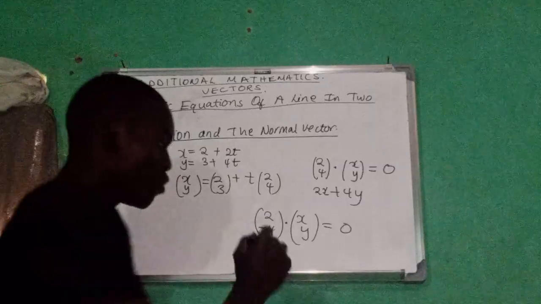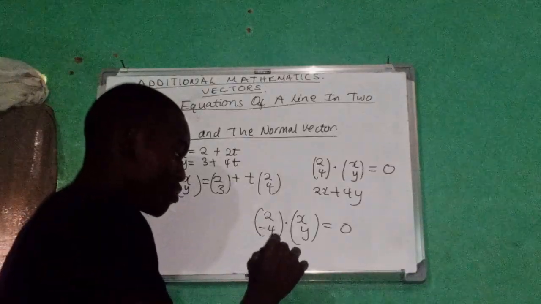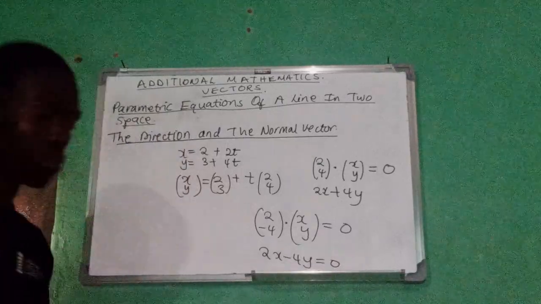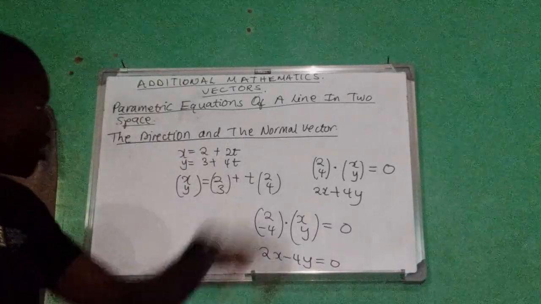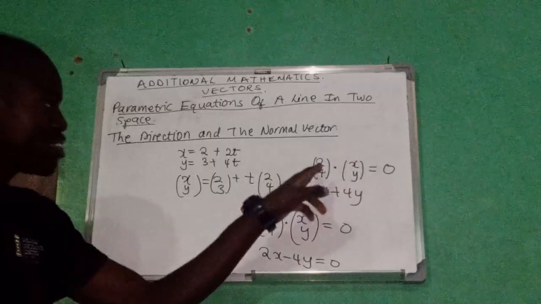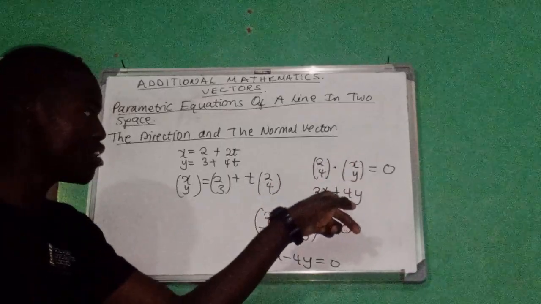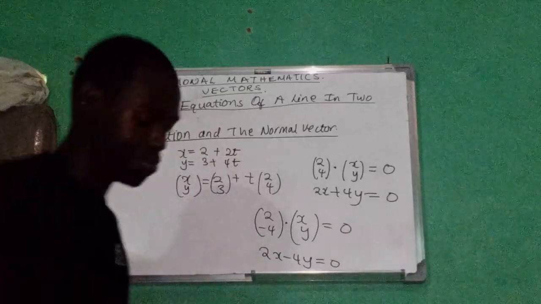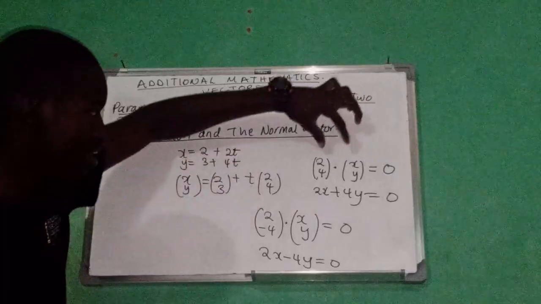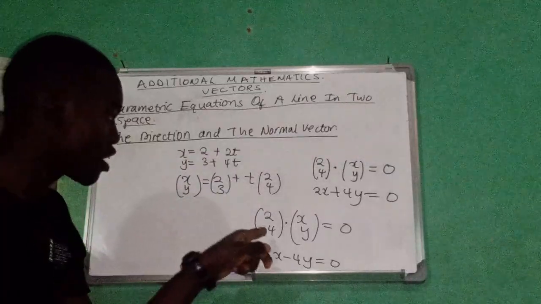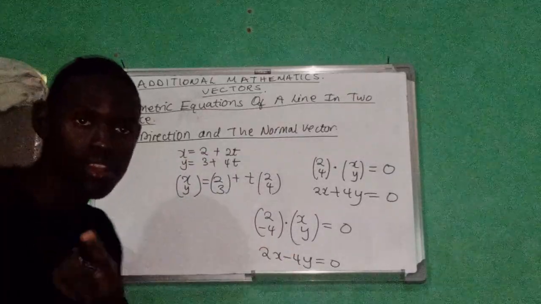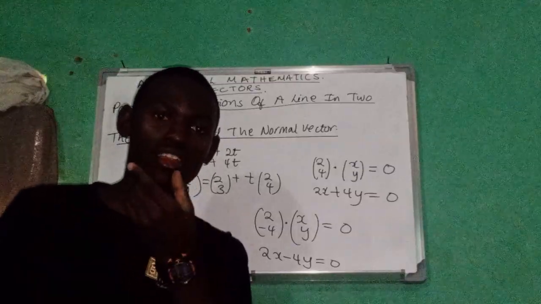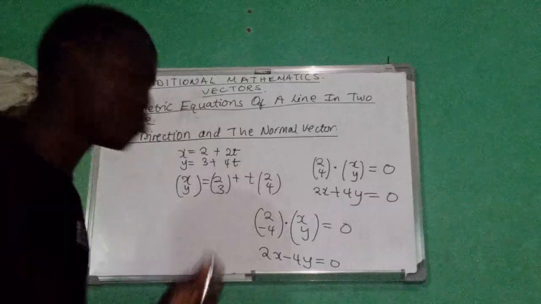If it was a negative 4, you would have done 2x minus 4y is equal to 0. You get the variable with the sign that the variable is carrying, and you equate to 0.